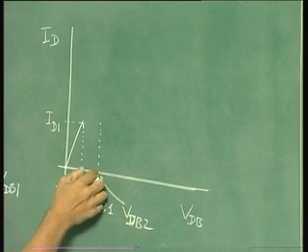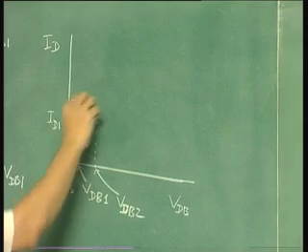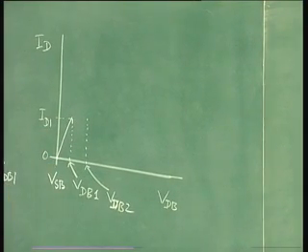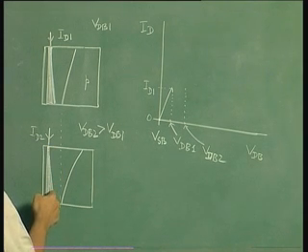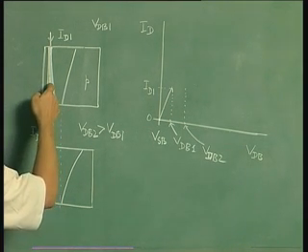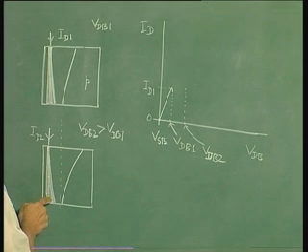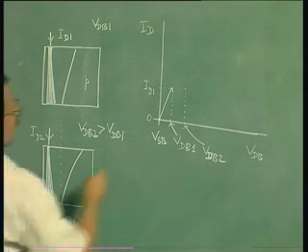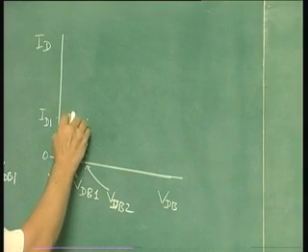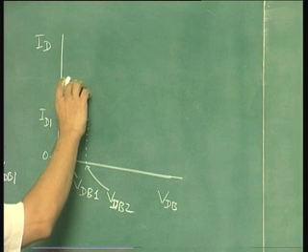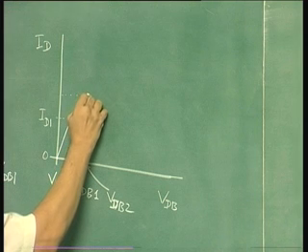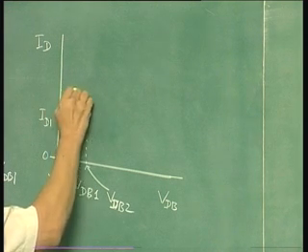Then for the same increment, the increment in the current however will be less than ID1, because the resistance of this region is more than the resistance of this, and that is because on average the charge has reduced when you increase the drain to bulk voltage. So that being the case, your current will increase, but the increment in the current here will be less than the increment ID1, something like this.